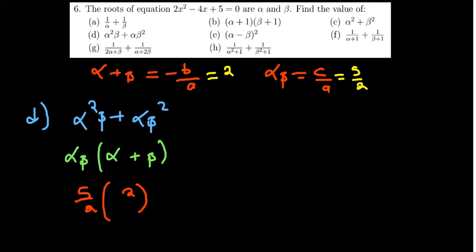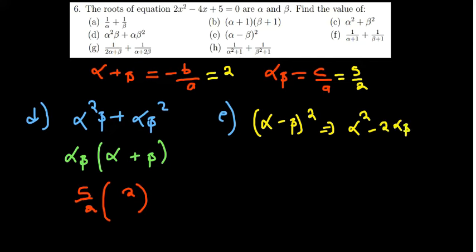Now if we go to E, our E is alpha minus beta squared. If you expand that, you get alpha squared minus 2 alpha beta plus beta squared. So you have alpha squared plus beta squared minus 2 alpha beta.